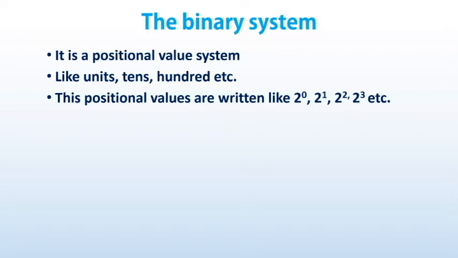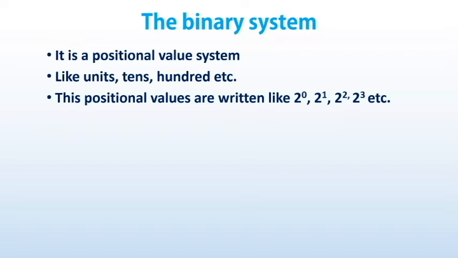And the leftmost digit is the most significant bit, that is MSB. So we have to start from the least significant bit, 2 raised to 0, then 2 raised to 1, 2 raised to 2, and so on.